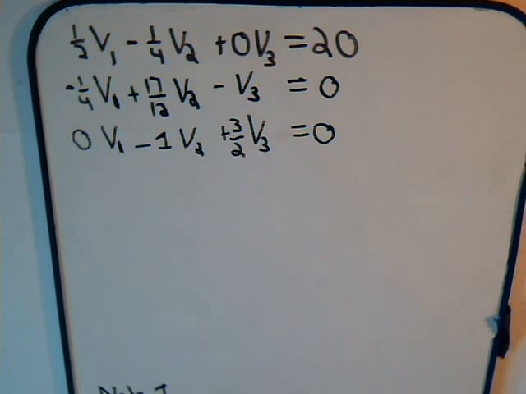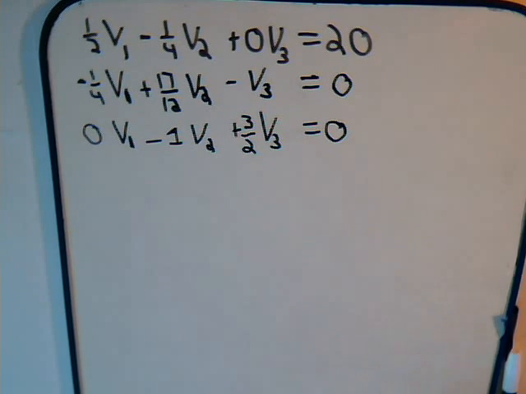So there's our three different equations, and what we do from this point onward is very repetitious, what you've been seeing us do over and over again in the previous videos.